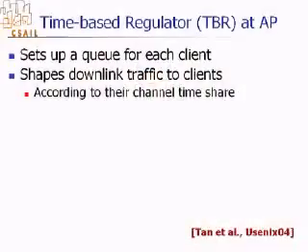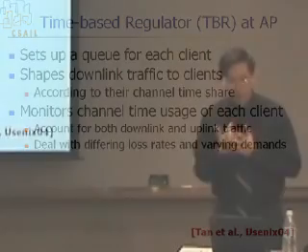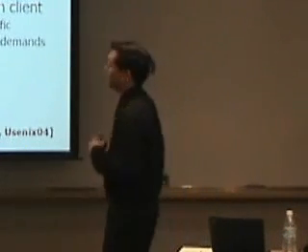The way it works is that it basically shapes the downlink traffic to clients. That's all it is. It doesn't care whatever the traffic is, but it regulates the traffic flow coming from the AP to clients, because everything goes through the AP. It monitors the channel time usage in both uplink and downlink direction.